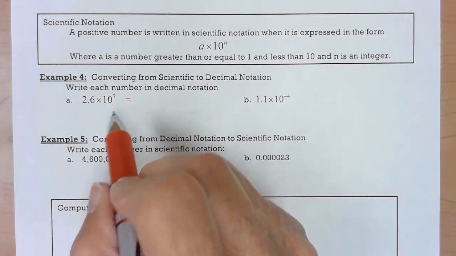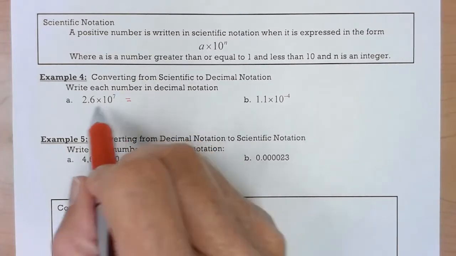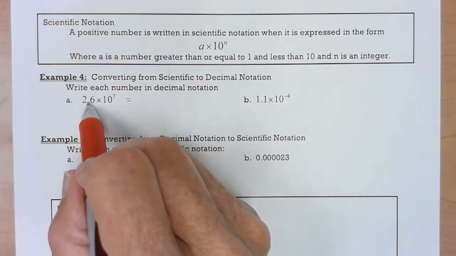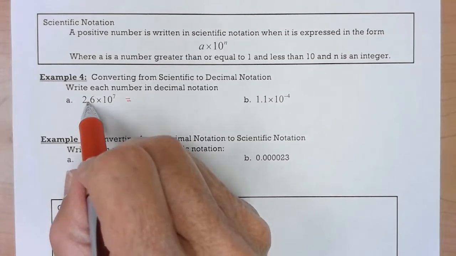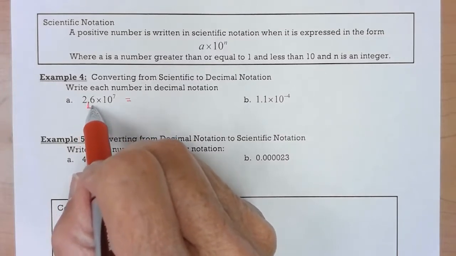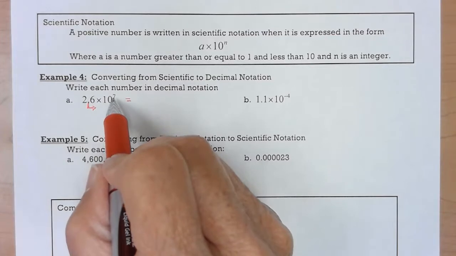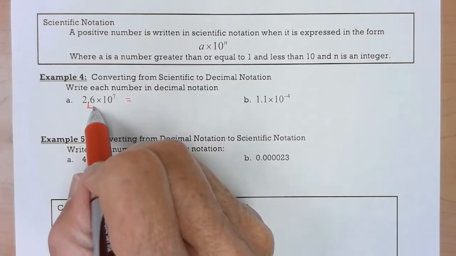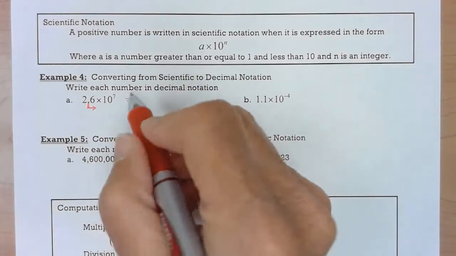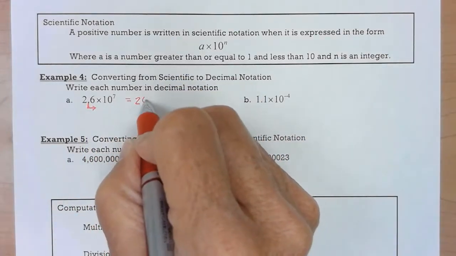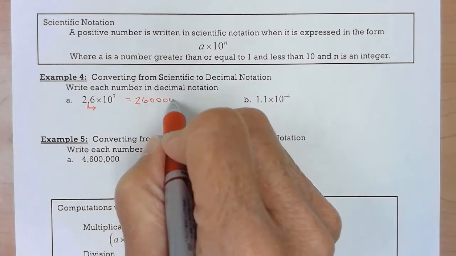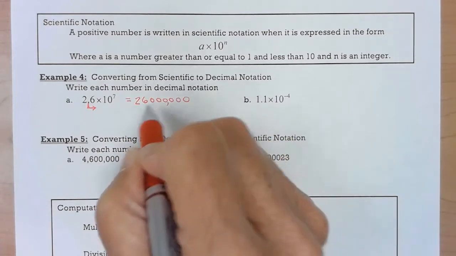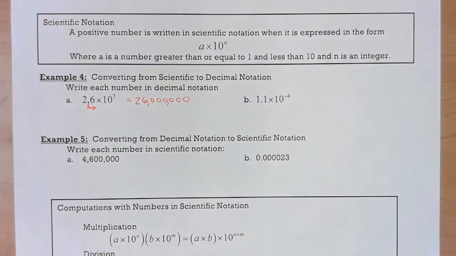But because our number system is based on 10, it's a matter of me moving my decimal in the positive direction, because this is a big positive number, 7 spaces. So going around the 6 is 1, but I've got to add 6 more zeros. So that would be that number.